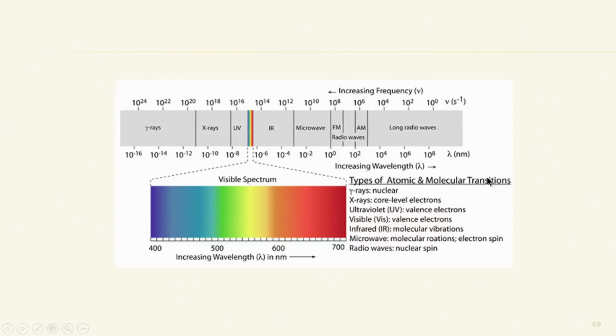So, the types of molecular transitions that occur when the electromagnetic radiation interacts, I have listed here on the side. That is gamma rays. Whenever you take gamma rays and bombard an element or a metal, changes in the nuclear structure take place.